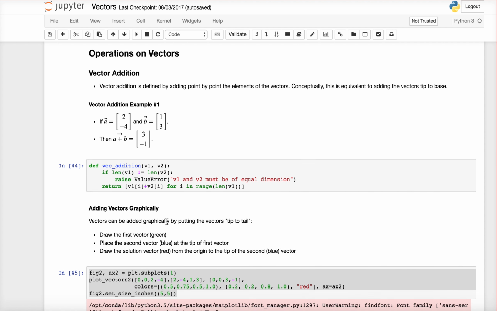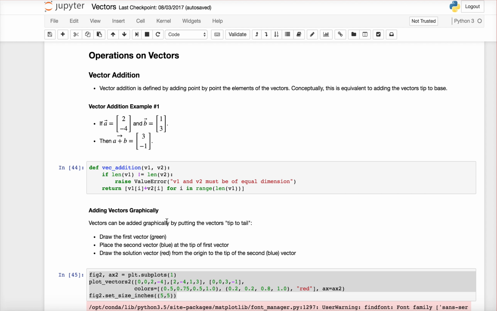Okay, so what are some of the common operations on vectors that we might do? So first off, we can do vector addition. Vector addition is defined by adding point by point the elements of the vector. And geometrically, this is equivalent to adding the vectors tip to base, which I'll illustrate in a figure in a second.